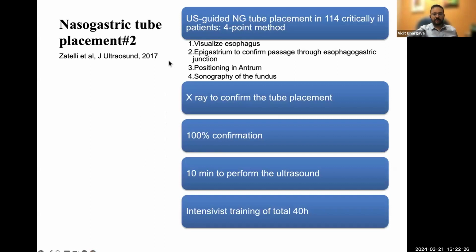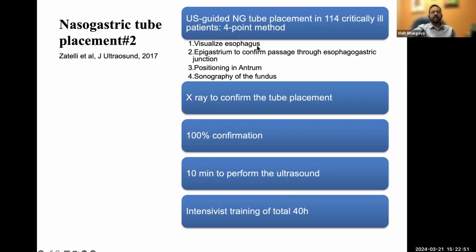The second one was based more on direct visualization. This included 114 critically ill patients, and they used what's known as the 4-point method. This included visualization of the esophagus. This is the same view that you use for confirmation of an endotracheal tube.